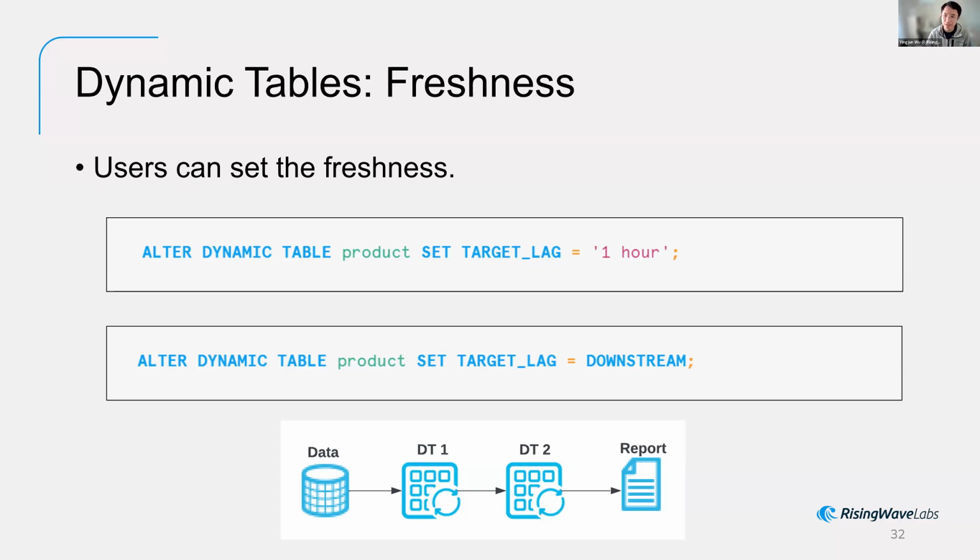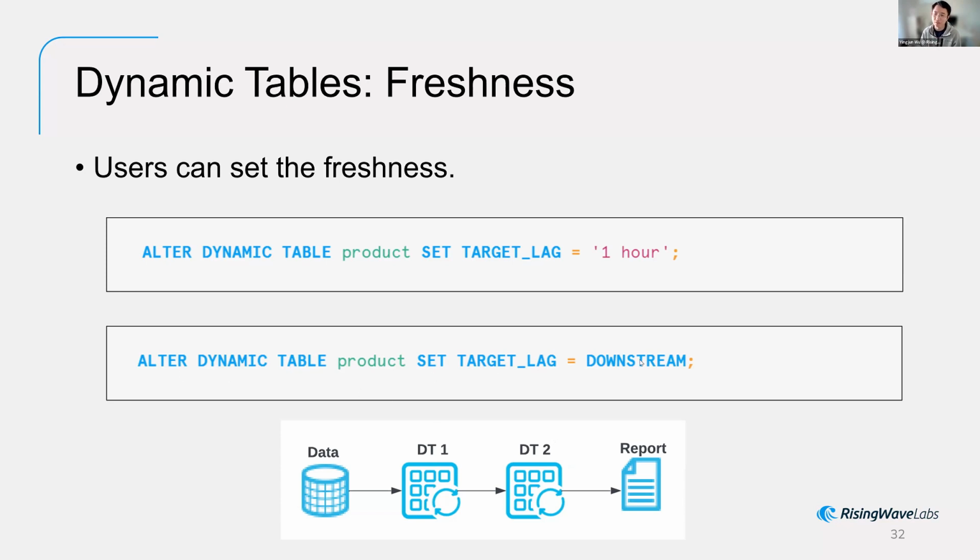But another interesting case is if you have a dynamic table built on top of another dynamic table, then you can set this so-called target lag parameter to downstream, meaning that, let's say dynamic table 2 is refreshed every single hour. You can just let DT1 be refreshed whenever DT2 is refreshed.